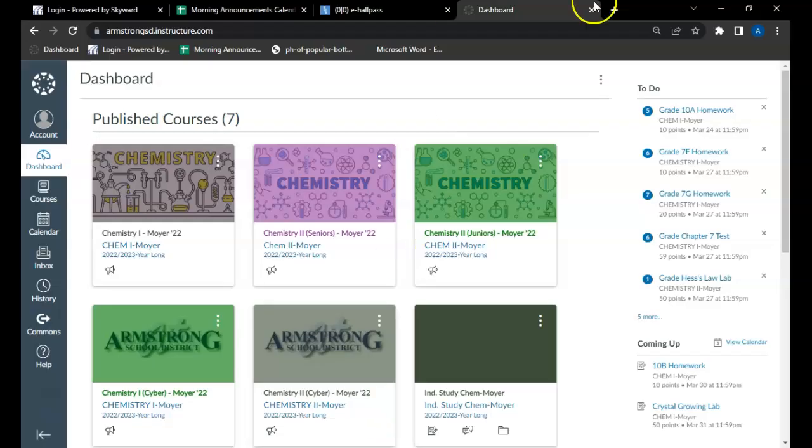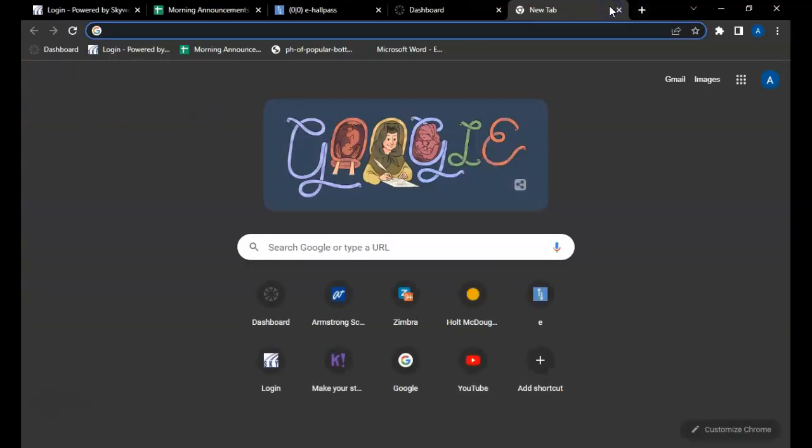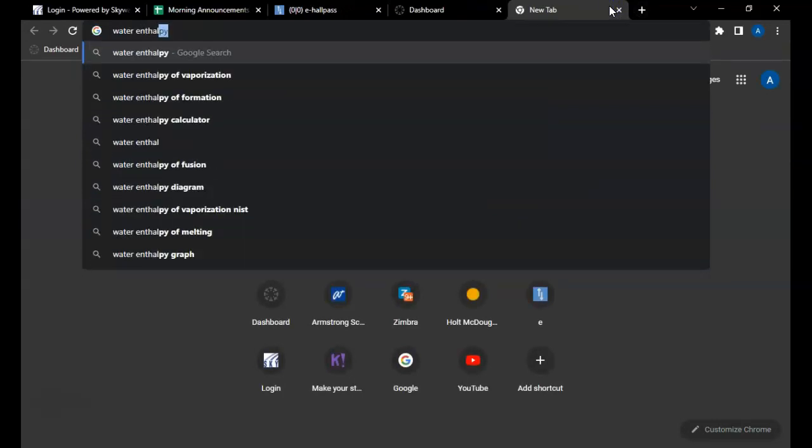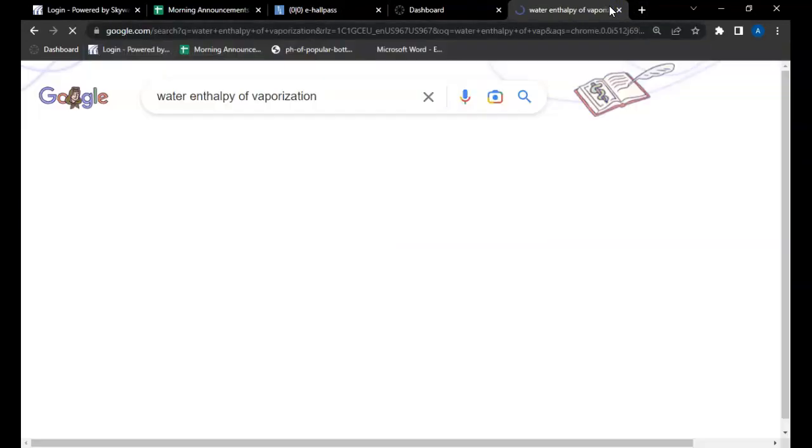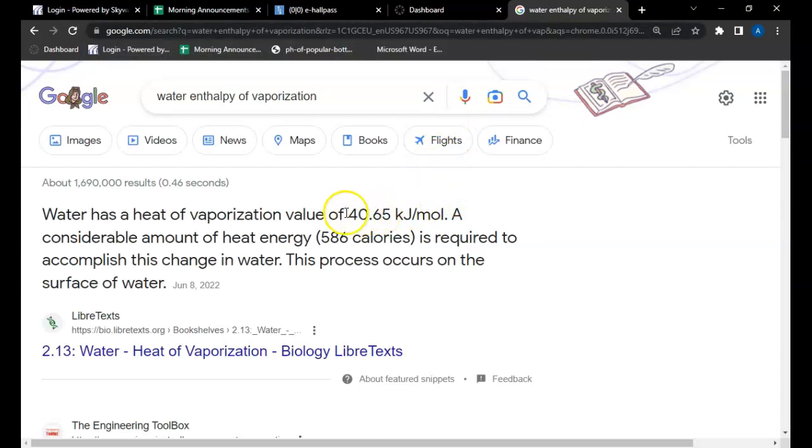I'm just going to Google it. Water enthalpy of vaporization. Notice they give it in units per mole, kilojoules per mole. So it takes 40.7 kilojoules to vaporize a mole of water.